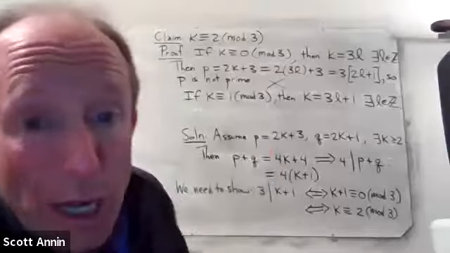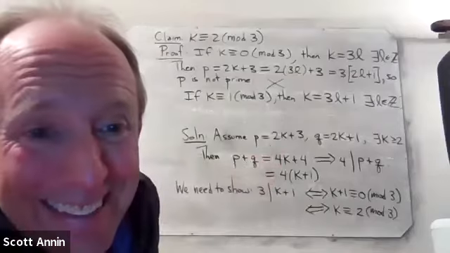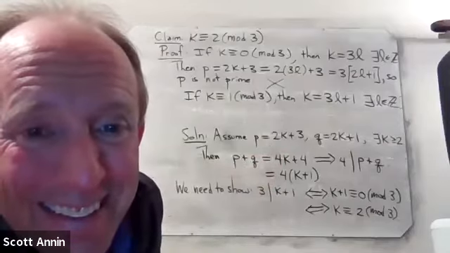Would it just be the exact same thing that we did for k congruent to 0? So you want to plug it into the p here? If it follows the same thing, then yes. Let's try it.